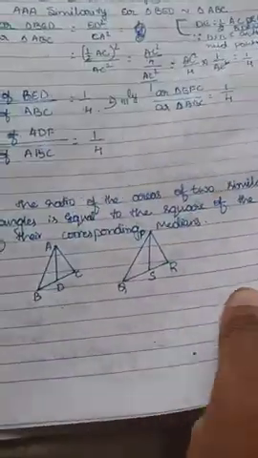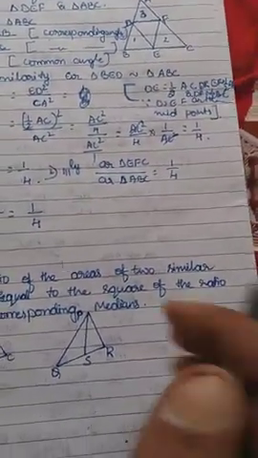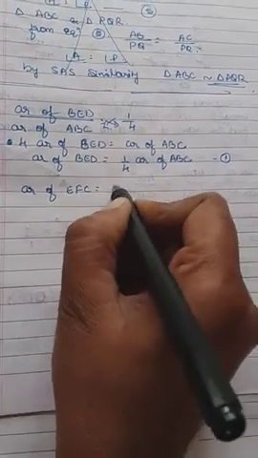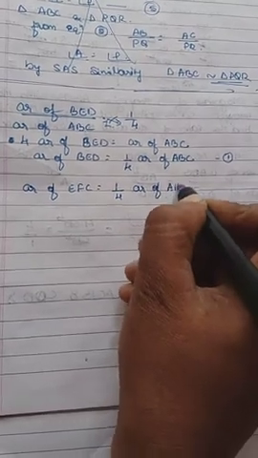In the same way, the second triangle, that is the area of triangle EFC. If we do the cross multiplication for this ratio, we get the area of triangle EFC equal to 1 by 4 area of triangle ABC.